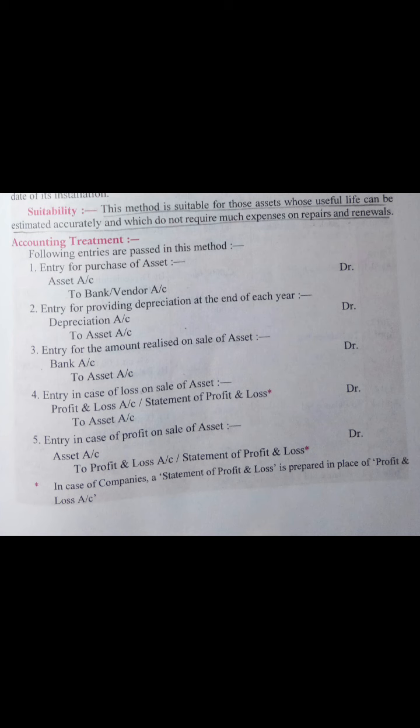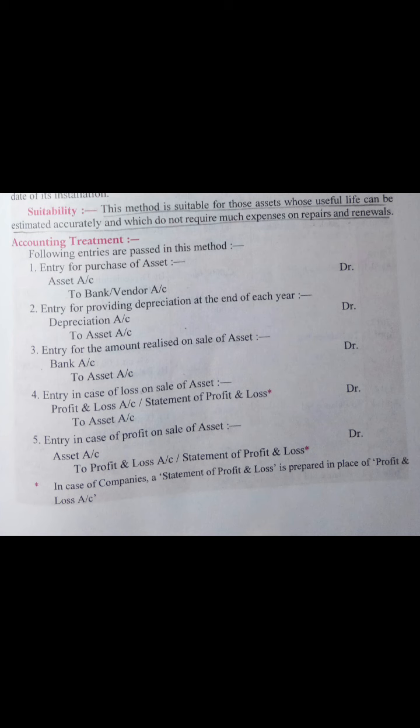Next is the entry in case of loss on the sale of an asset. Sometimes it may happen that we have to sell our asset at a price lower than the book value which we have written as a scrap value in our books. In that case we would consider that as a loss.